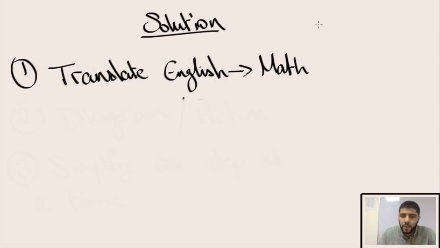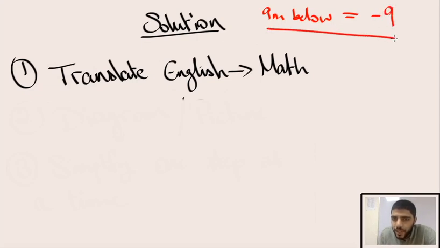Meaning, for example, if you said in your problem 9 meters below sea level, maybe circle it or highlight it in your answer. Say that. So in the previous question, I can say 9 meters below means or is equal to -9. That way, I'm showing that this is how I translated the phrase. So show that not in your problem, but in your solution.